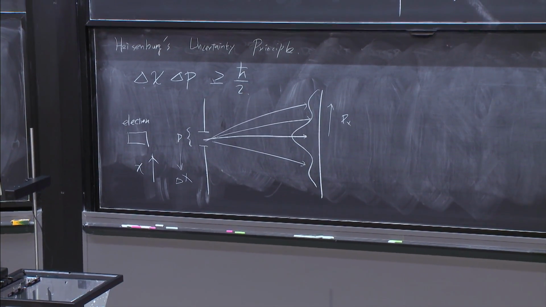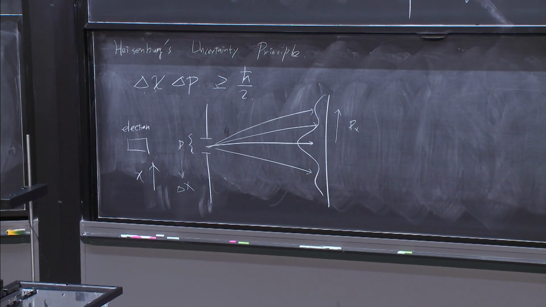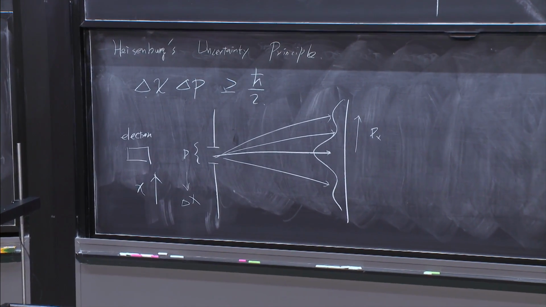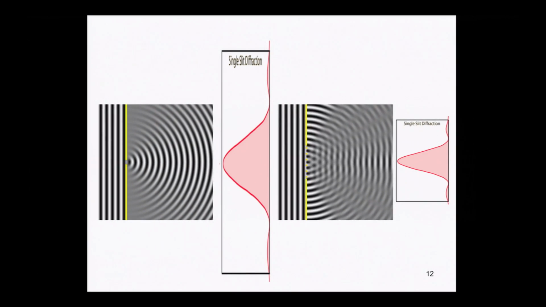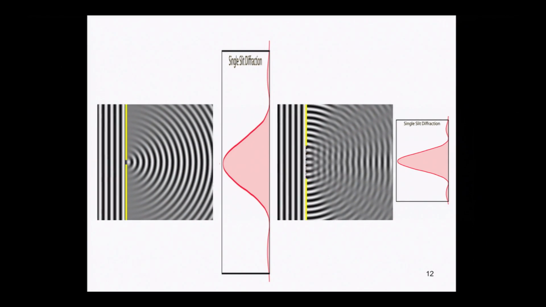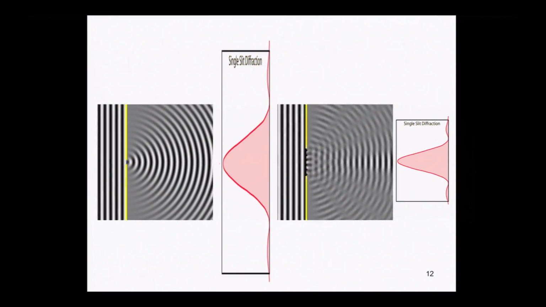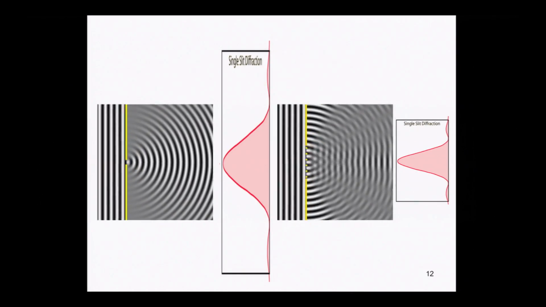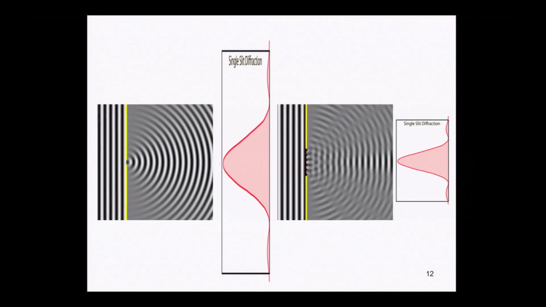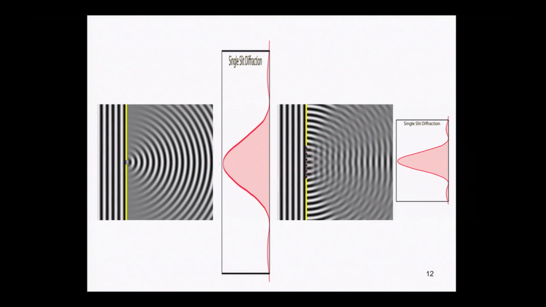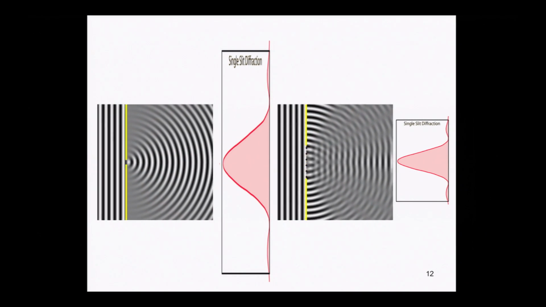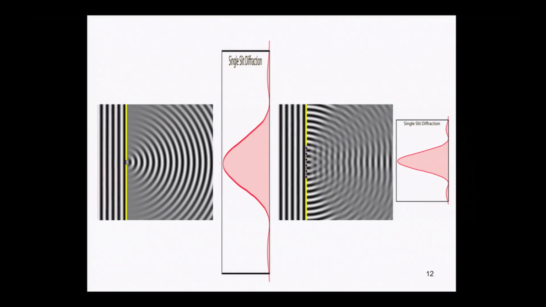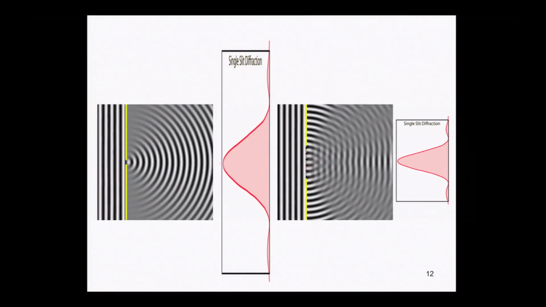Delta x times delta p will be greater than or equal to some value. On the other hand, if I increase the width of the slit, D is now large. As you make D larger and larger, the width of the central peak is going to be narrower and narrower. That is also consistent with Heisenberg's uncertainty principle.